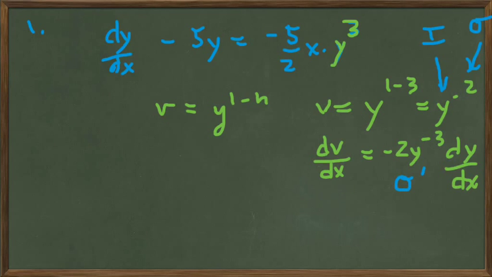This part right here is the derivative of the outer function, and the chain rule says multiply by the derivative of the inner function.